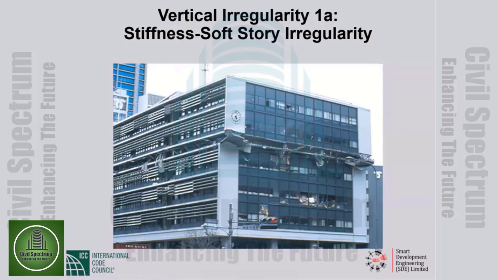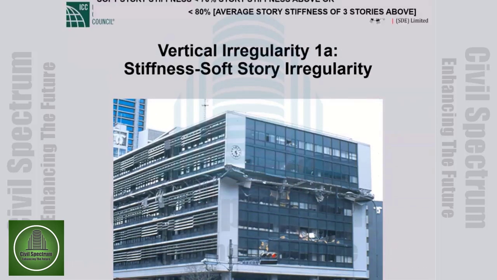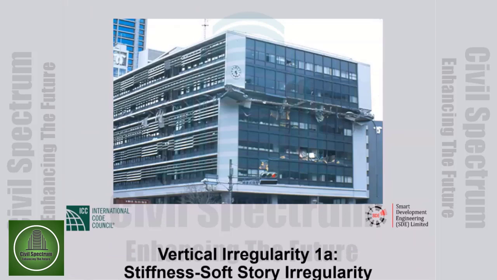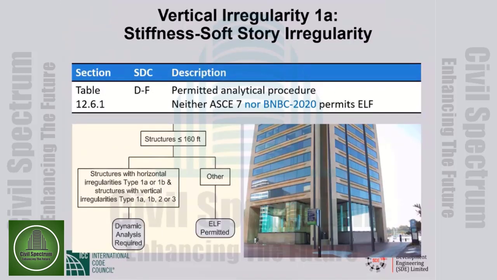The stiffness decreased all of a sudden. So the definition is here, and the thing to emphasize is that a soft story does not have to be at the bottom. It's not at all always the case.